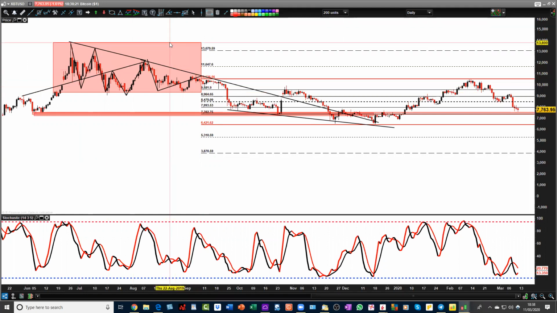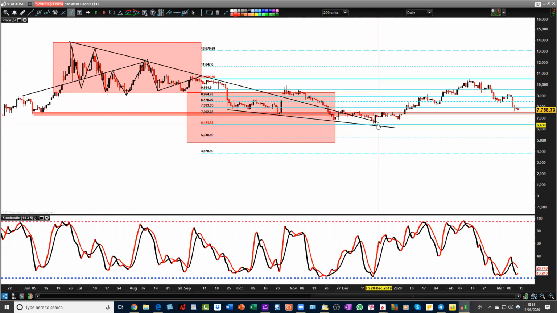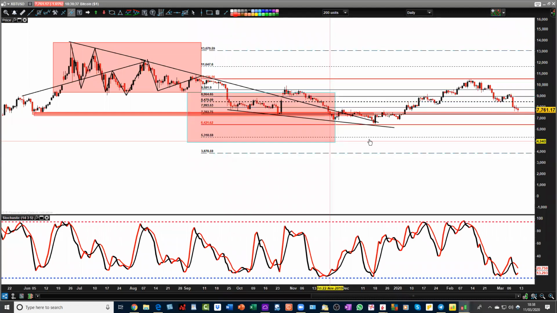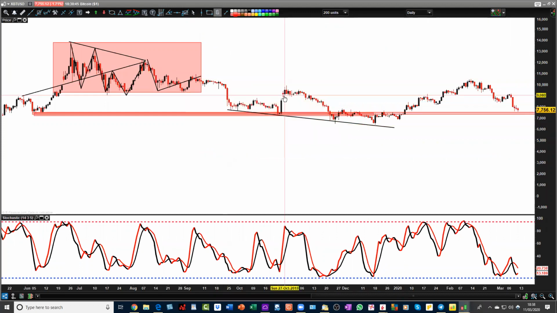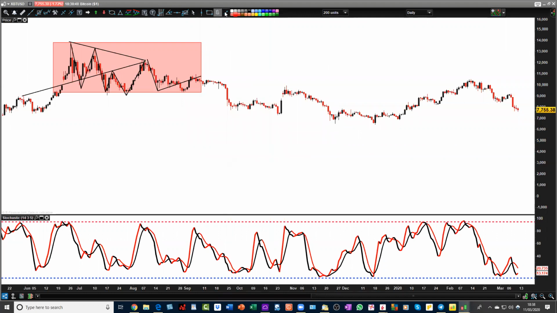And if I copy that rectangle and put that down there, you'll see we got quite close to the same range when we hit the lows on 18th December. Right, okay, so let's clear all that up. So on pure Elliott wave, we had a 1, 2, 3, 4, 5 wave down and a 1, 2, 3 wave correction.